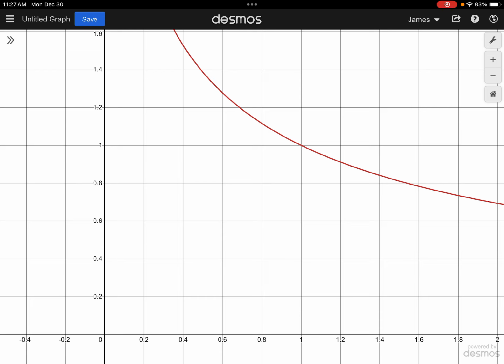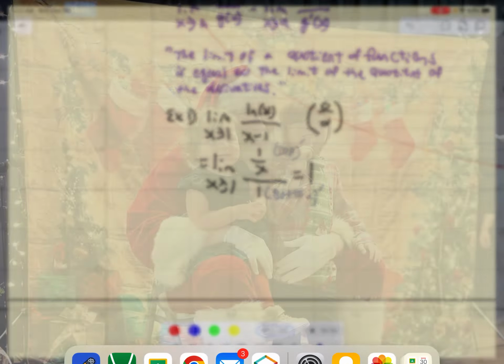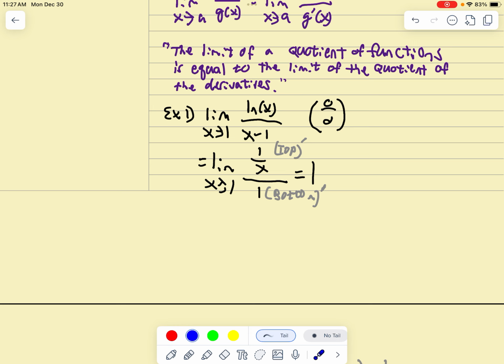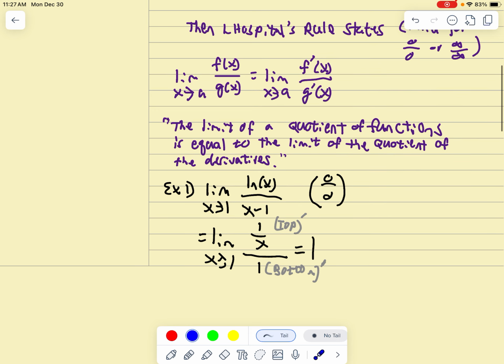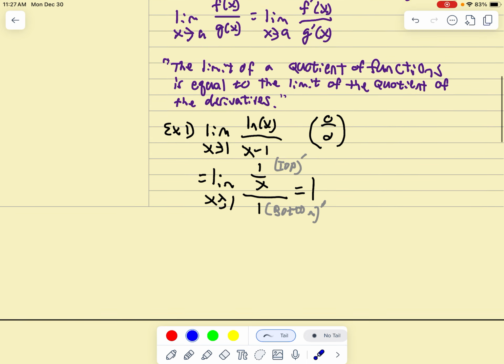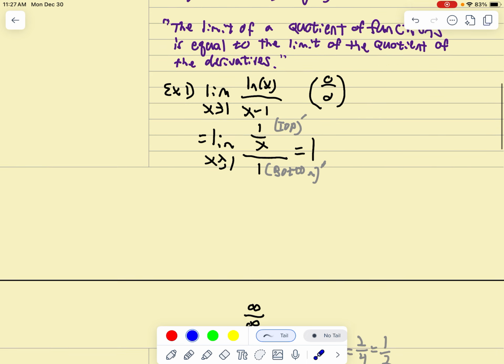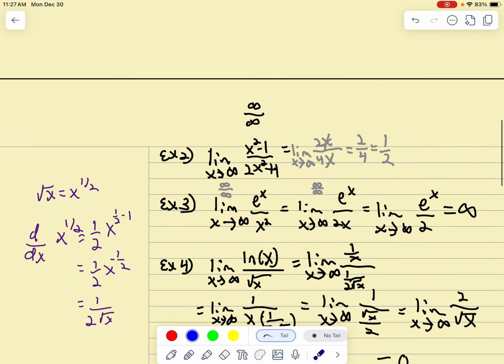It'll say not defined. But as you can see, the graph appears from both sides to go to 1, the output. Thus, the limit as x approaches 1 of ln of x over x minus 1 is equal to 1. And we saw that by using L'Hospital's rule by looking at the ratio of the derivatives of the top and the bottom.